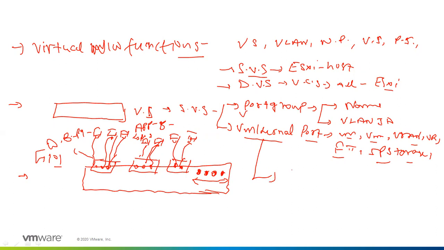When we create a VM kernel port, we have to assign a name, VLAN ID, and an IP address also, because it is an individual port that we assign for a specific function.